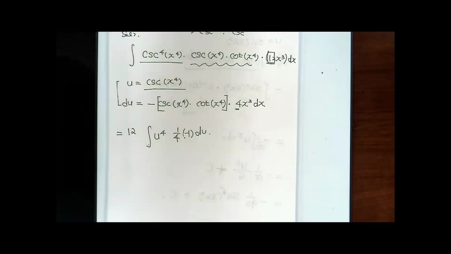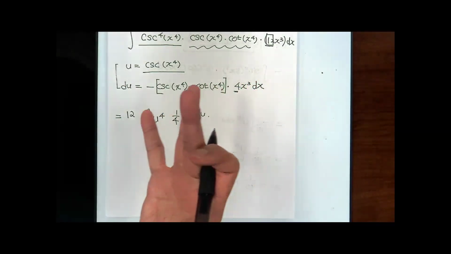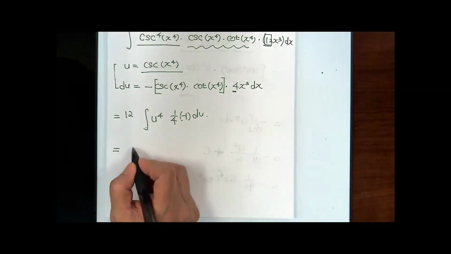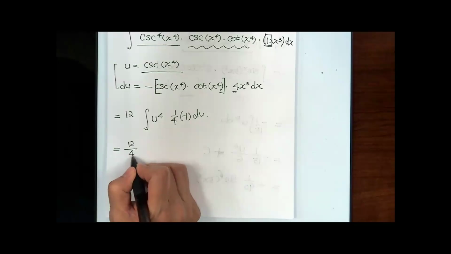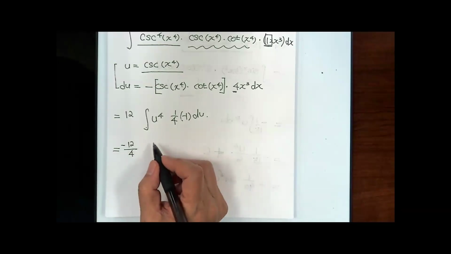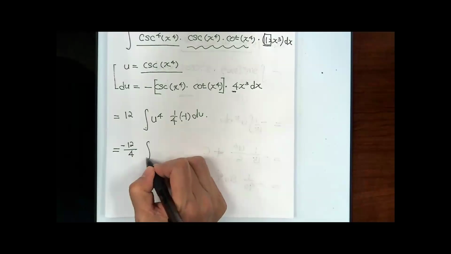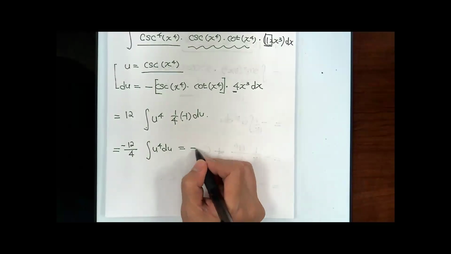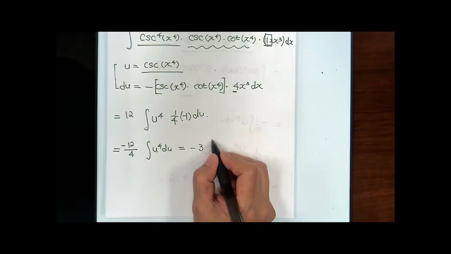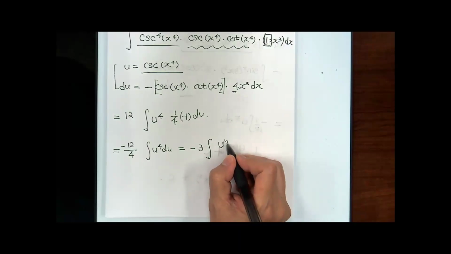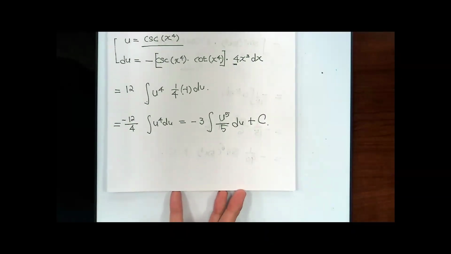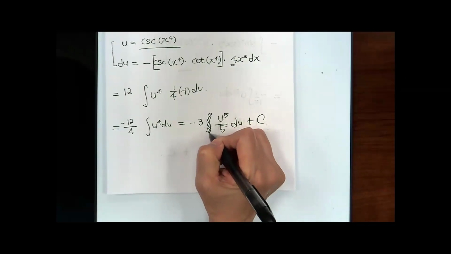Okay, if you just write more, then it'll be clearer. So let's write down 1/4 and minus in front of integration. Then you have u to the fourth power du. So that can be simplified to -3 integration of u to the fourth power du.